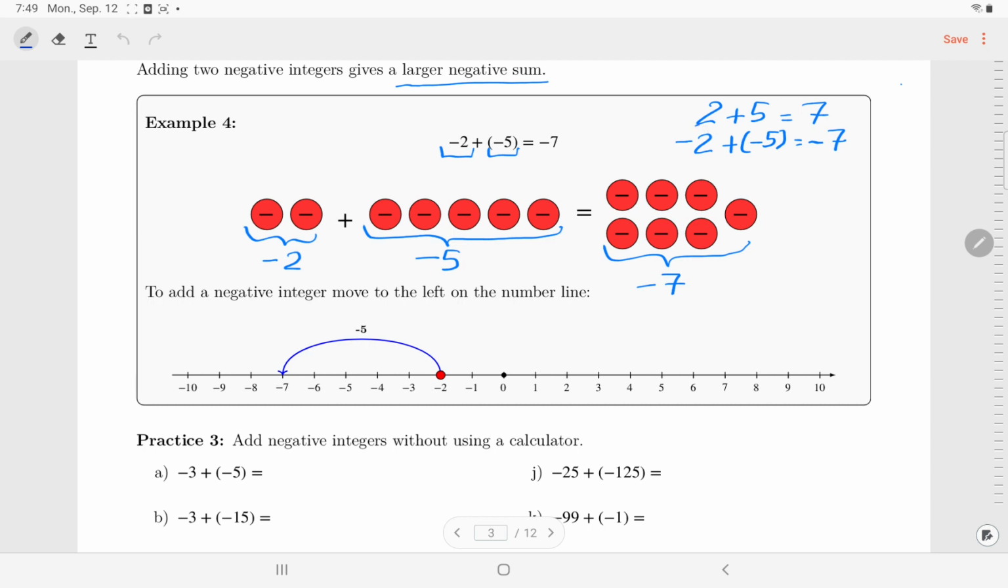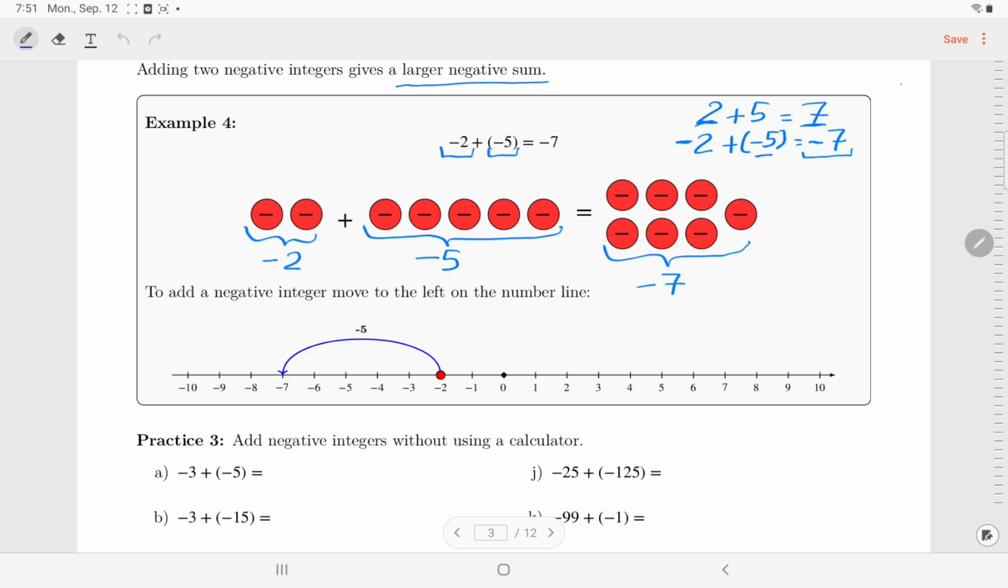So if you have $2 and you get 5 more dollars, you will have $7 altogether. However, if you owe $2 and you borrow 5 more, you will owe $7.